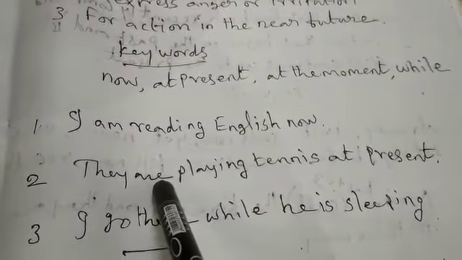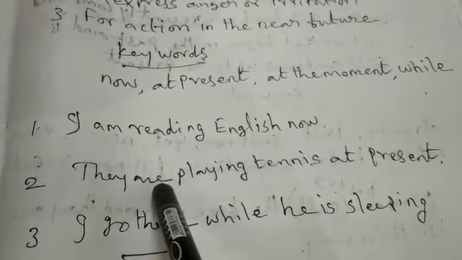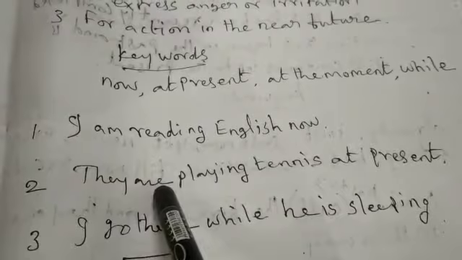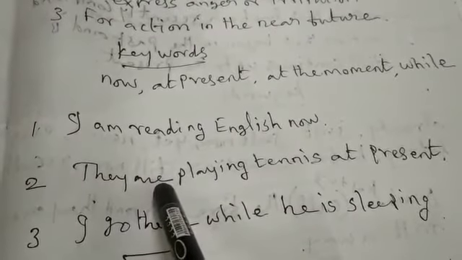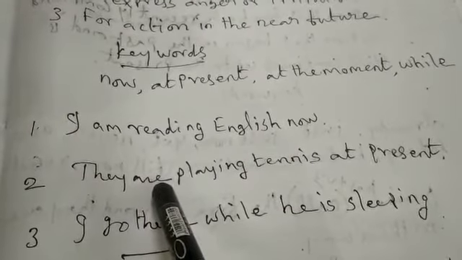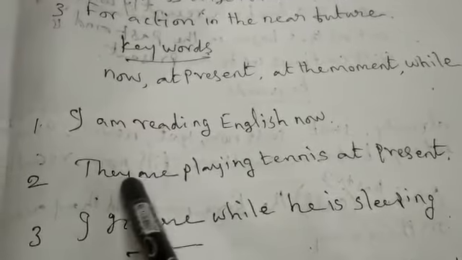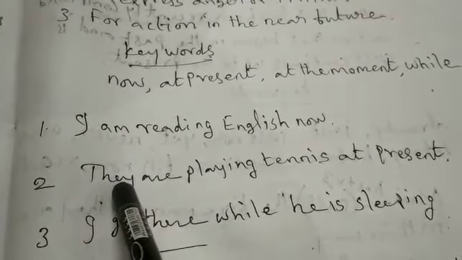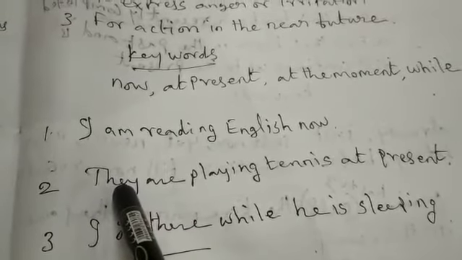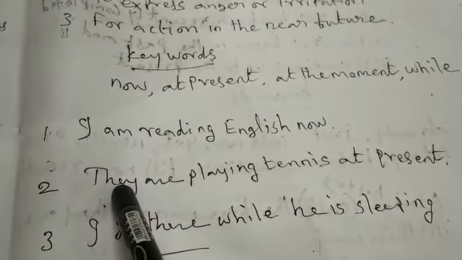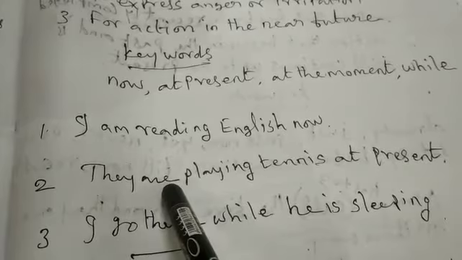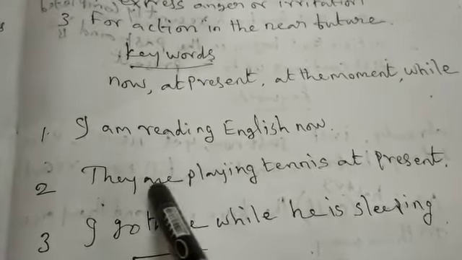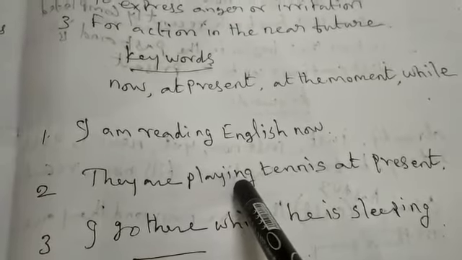Here the be verb is a plural be verb. Already I told you am, is or was, were is a singular verb or plural verb. Because they is a plural subject, we use a plural be verb. Then we use V4, playing, present continuous.